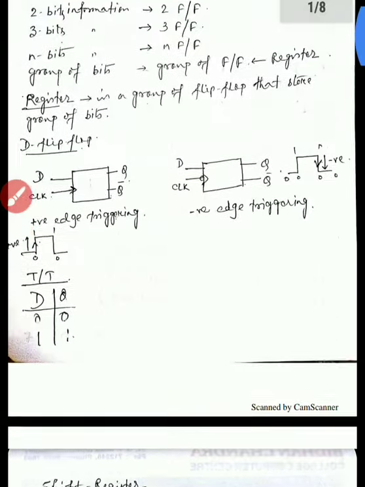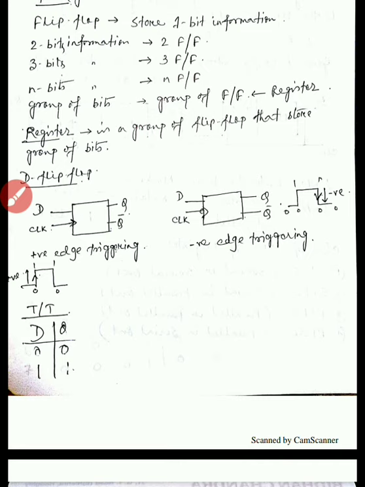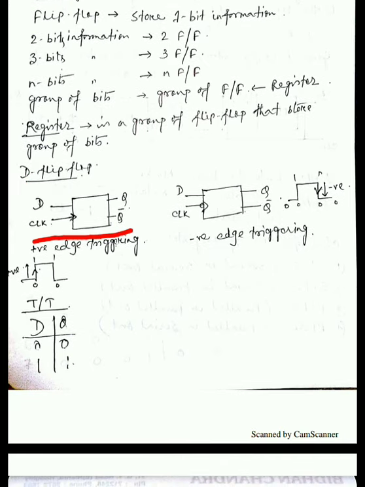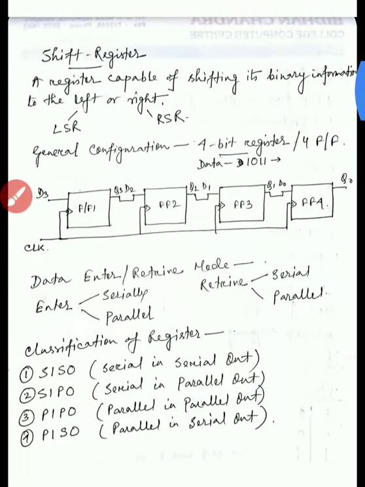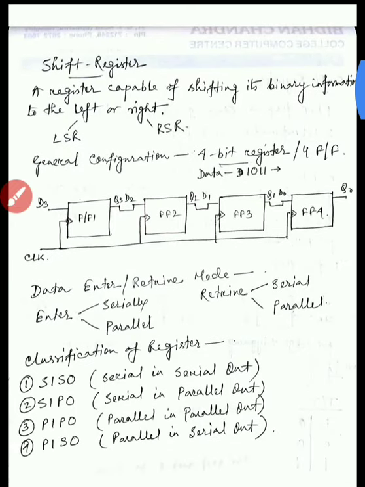This is how the flip-flop is drawn: a D input, one clock input and one output. Here, this is the input, this is output Q3, and this is the clock.